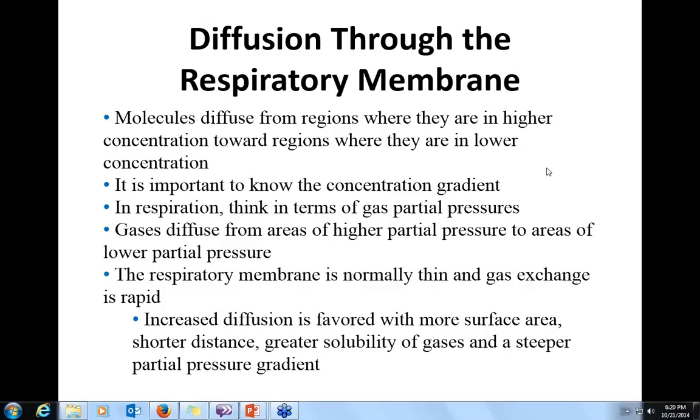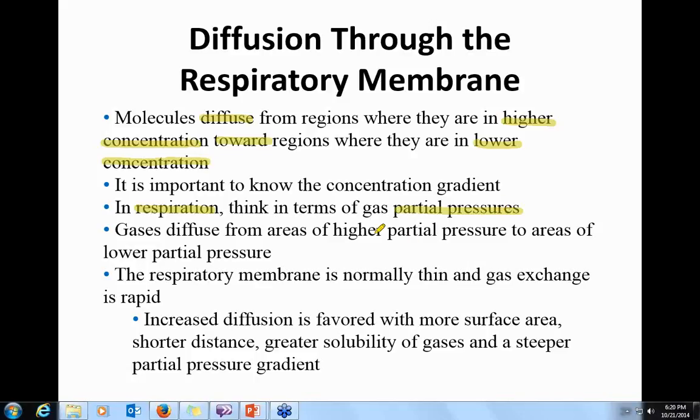Now let's talk about how gas exchange occurs. And molecules, as you know, you'll see diffusion here. When molecules diffuse, they go from an area of higher concentration toward a lower concentration. Okay. However, in respiration, we're thinking partial pressures.